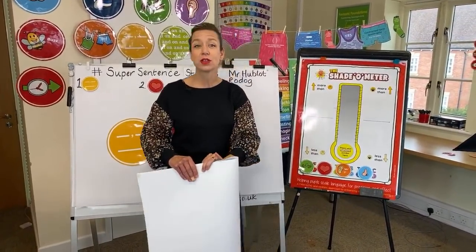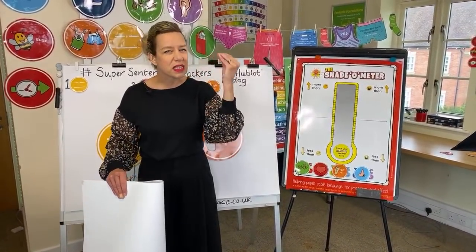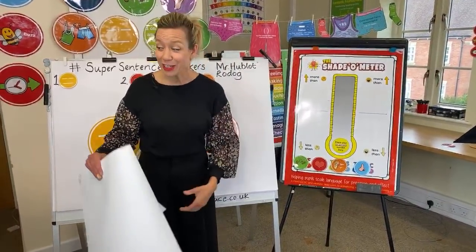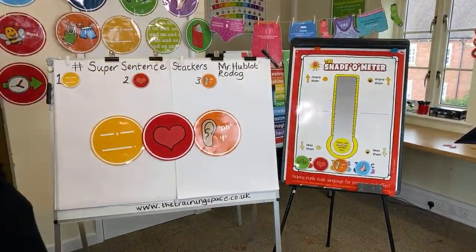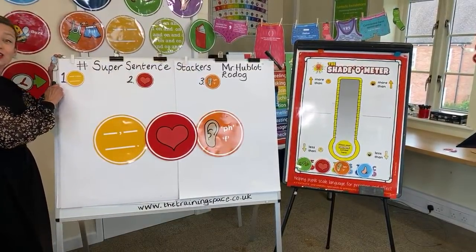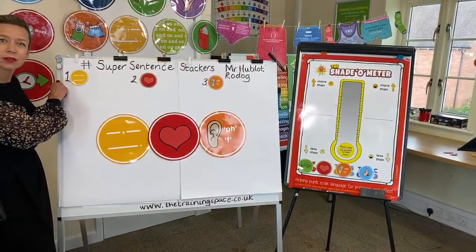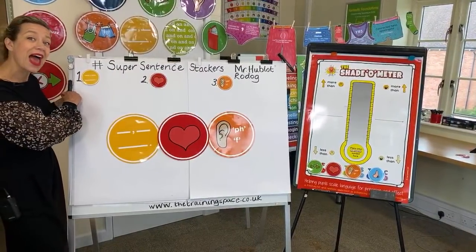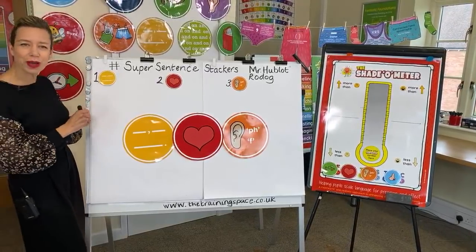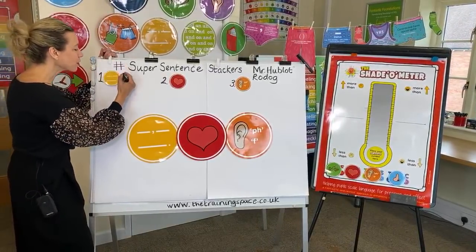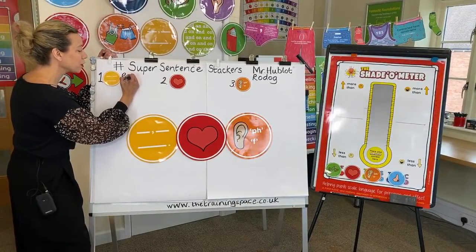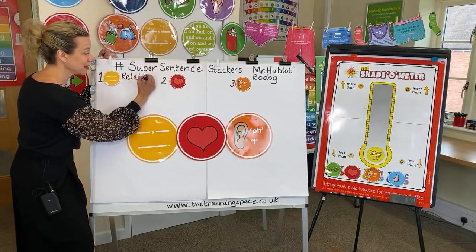I'm now going to move to explaining in detail today's writing challenges. Okay, number 1. Our first writing challenge is all about being able to include a complex sentence. And we're going to do that in a special way, and we're going to have a go at building a relative clause into a sentence.